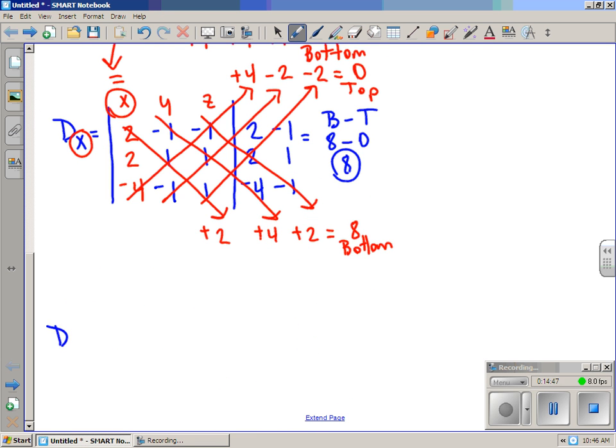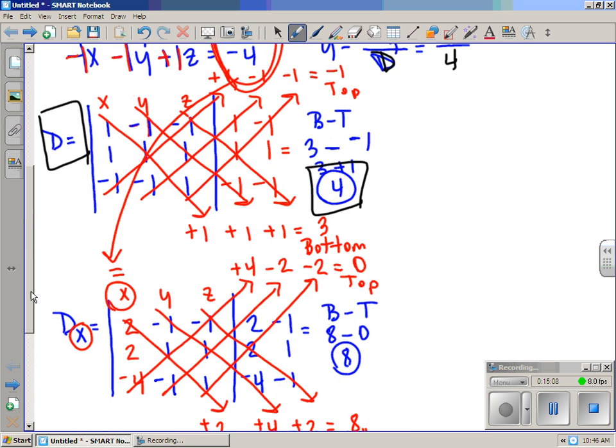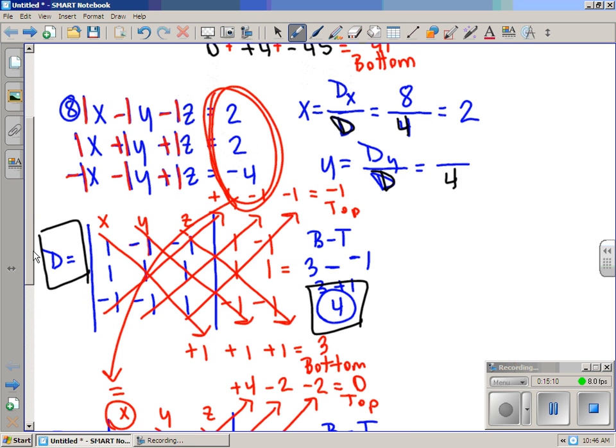To find the determinant of y, it's very similar to finding the determinant of x. First column's x, second column y, third column z. But what's different is that our y column is the column that we're going to change. The y column, we're going to use the equal numbers, which were the 2, 2, and -4.